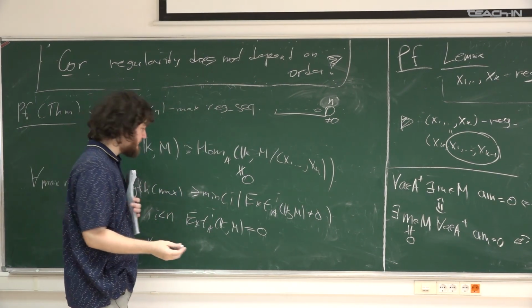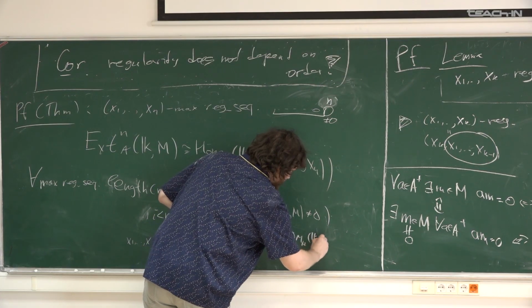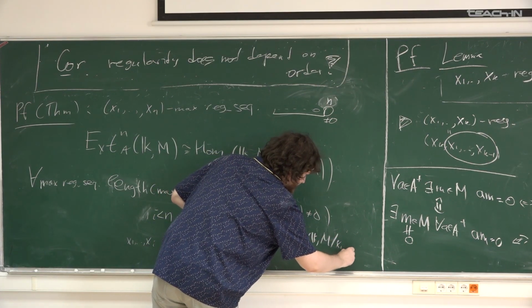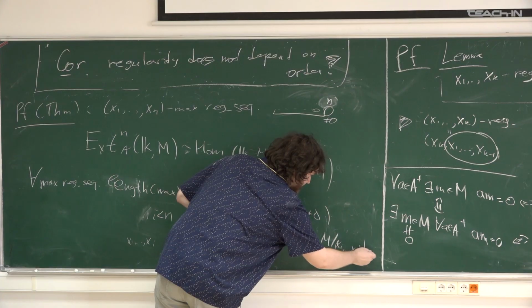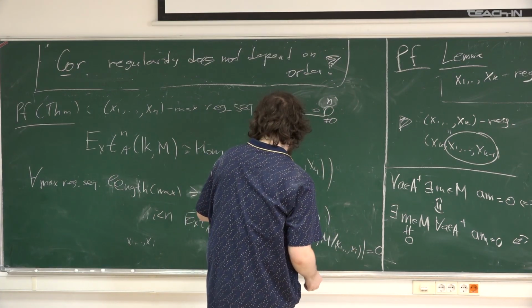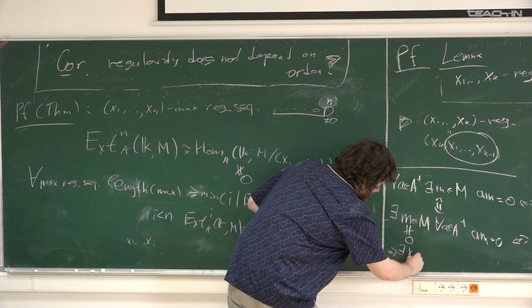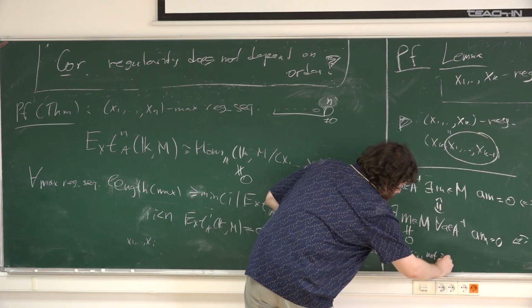Okay? It means that Hom from k to the quotient is 0. This means that there exists x_{i+1}, a non-zero divisor in this quotient.